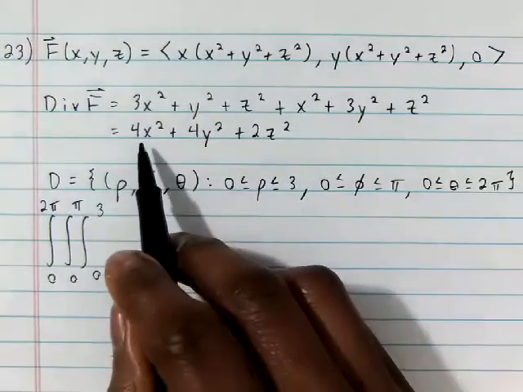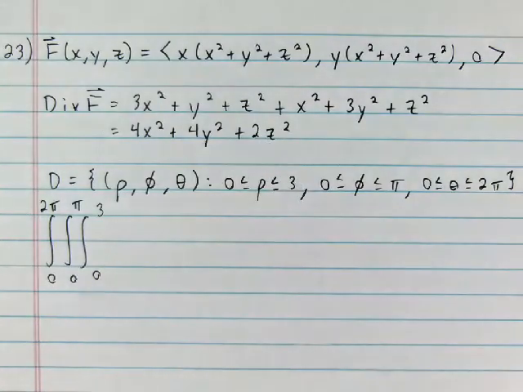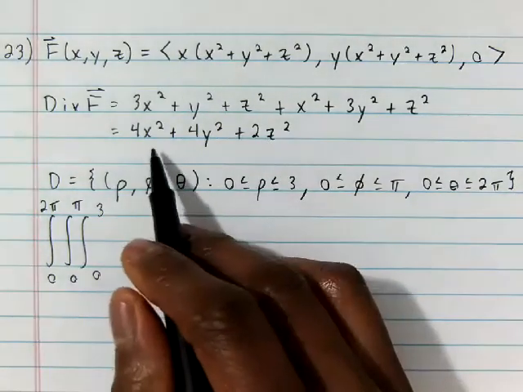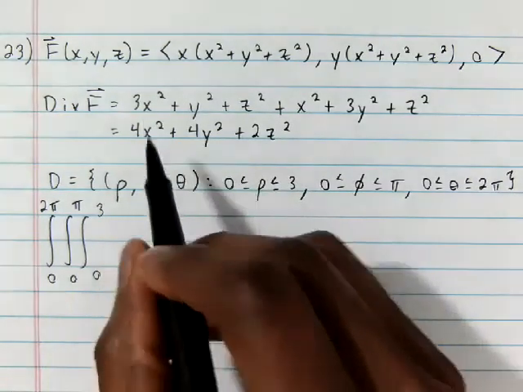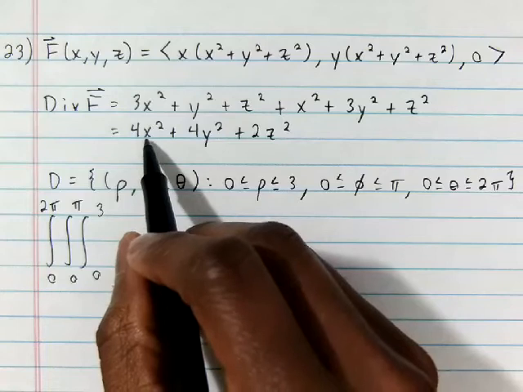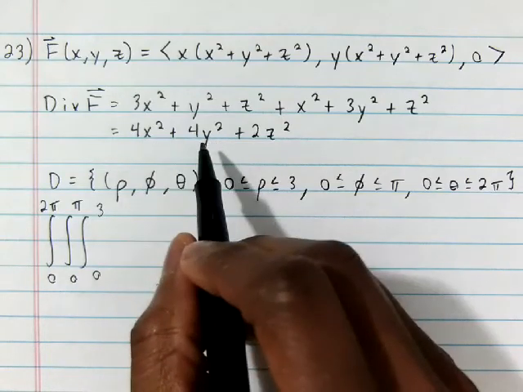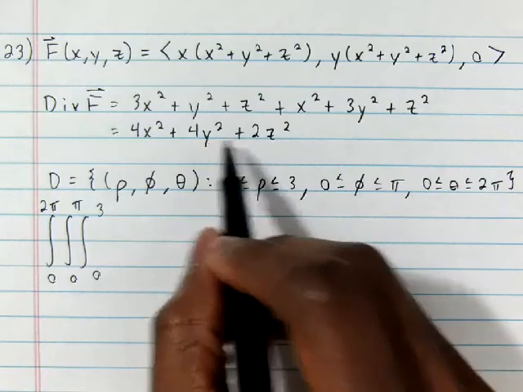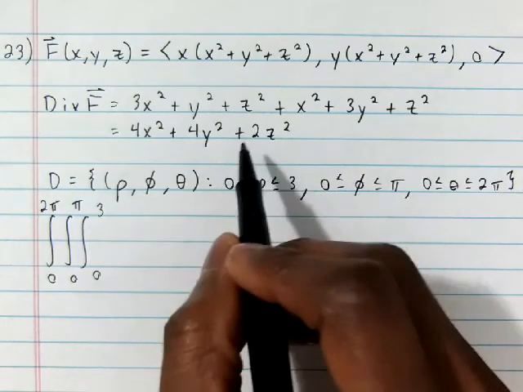And then we have 4x squared plus 4y squared plus 2z squared. We're going to put in our x, y, and z. But to save us some trouble, instead of writing in rho sine phi cosine theta for x, rho sine phi sine theta for y, and rho cosine phi for z, we can rewrite this.